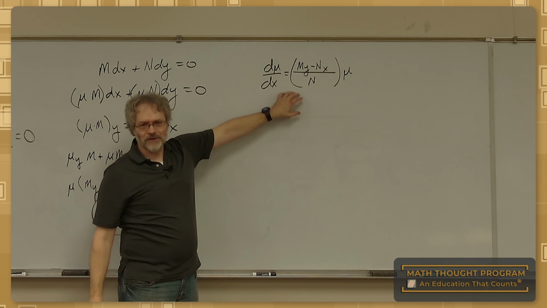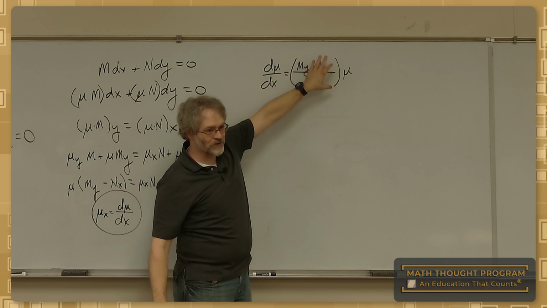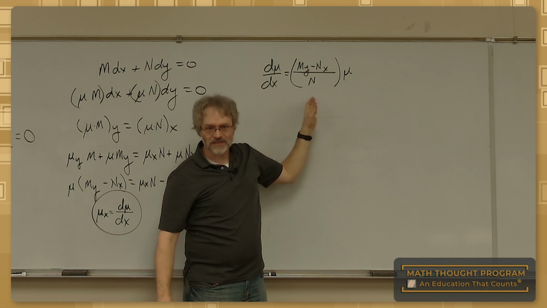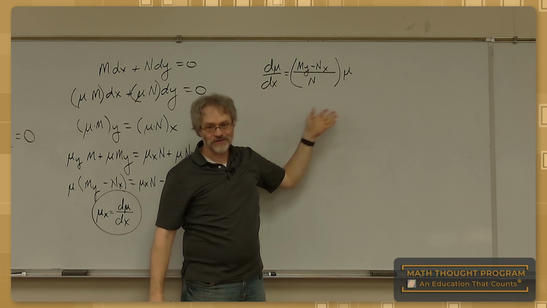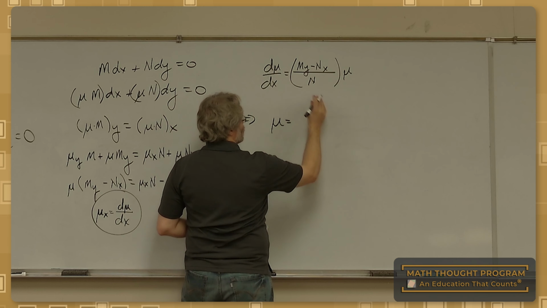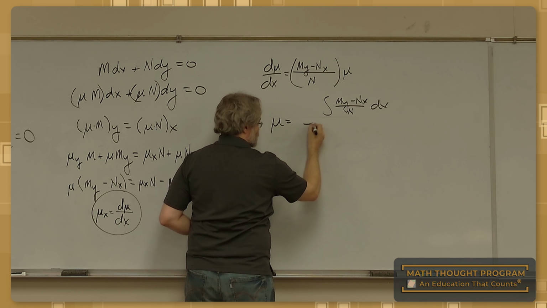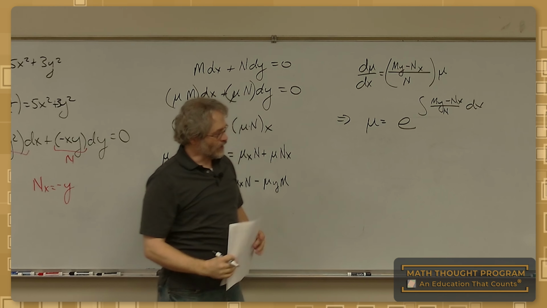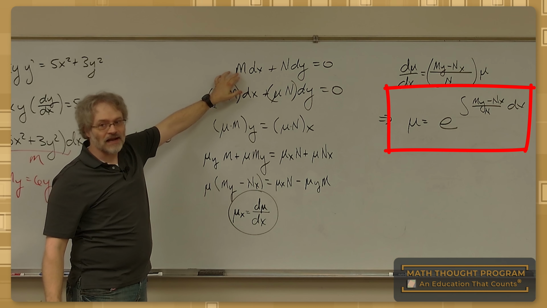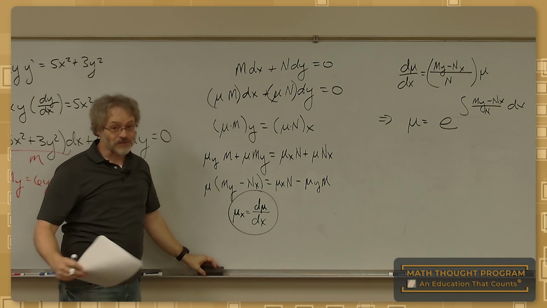My goodness, that looks familiar, doesn't it? Here I have this derivative, here I have the function, and then I have the function again. And if I want to solve this, that's like doing the whole entire integrating factor all over again. We take this, we integrate, and then we exponentiate. And if I hit it with that function, I can convert a non-exact differential equation into an exact differential equation, which I can then go ahead and solve.